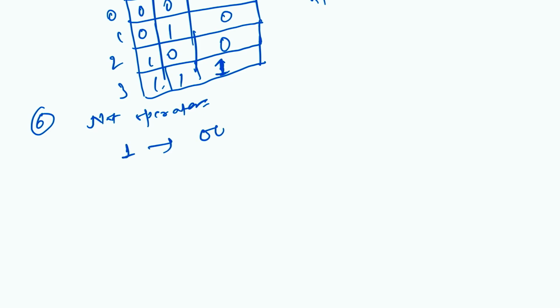If you are representing it in 4 bits as 0001, and we do the NOT operation on it, it will become 1110. So it completely changes the values, 0 to 1 and 1 to 0.